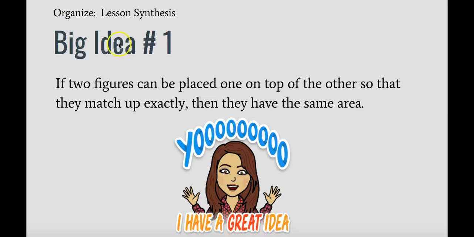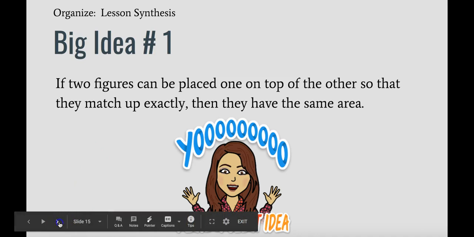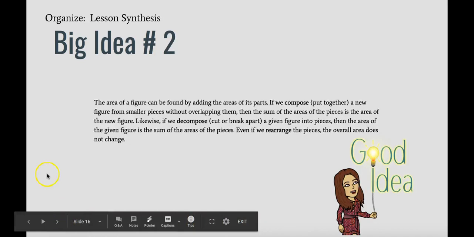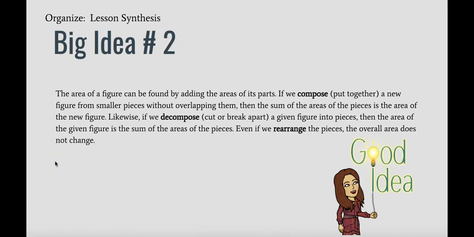So 2 big ideas here. If you've got 2 figures that can be placed on top of one another so they match exactly, then they have the same area, right? The other thing is that if you can use those other smaller parts and you can put enough of those together without overlapping, then those sums of those parts can compose that larger shape and tell you how many units it is.